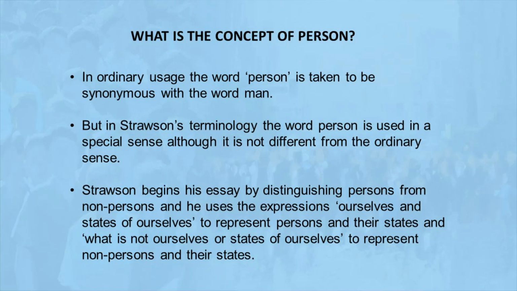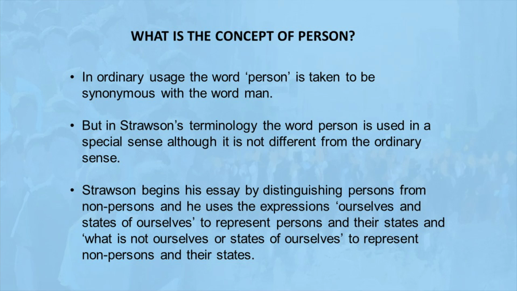In ordinary language, we use the word person as synonymous with the word man. But in Strawson's terminology, the word person is used in a special sense, although it is not different from the ordinary sense. Strawson begins his essay by distinguishing persons from non-persons.